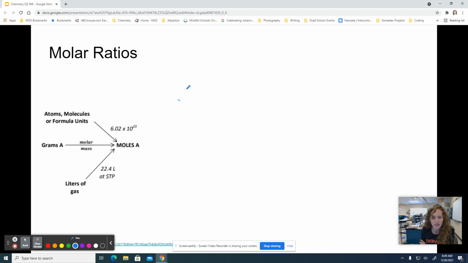So if we know that we have 1 mole of carbon dioxide, I can say the mass of that molecule. But we're still talking about carbon dioxide, right?